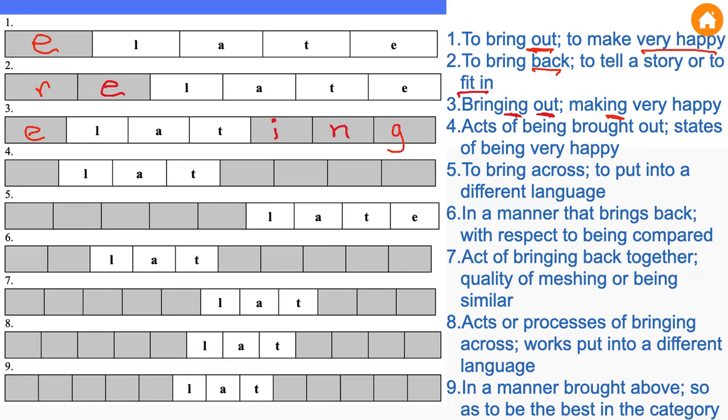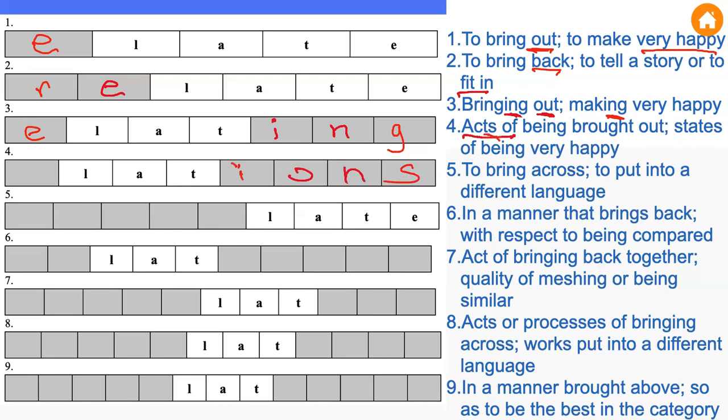And again, I hope you're noticing I'm marking to show you. So if you did this by yourself, you can do it. Not doing anything spectacular. Number 4, acts of. What's IONS?